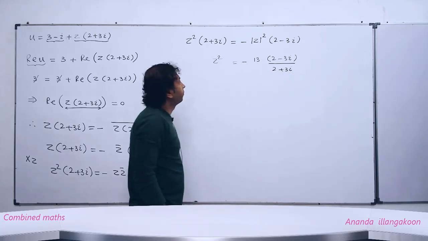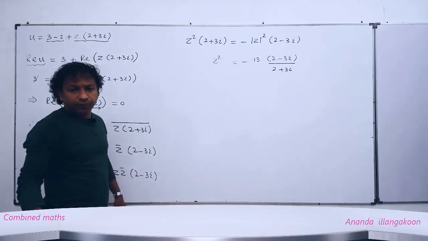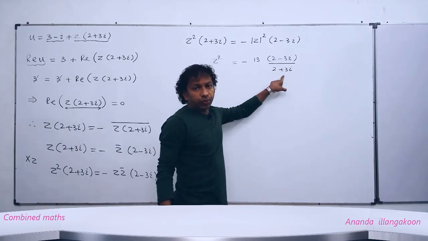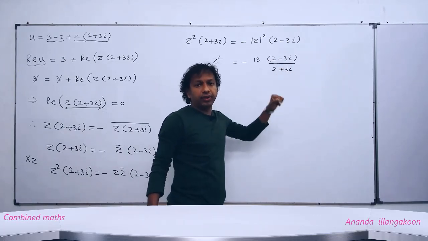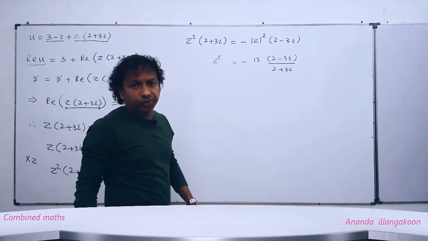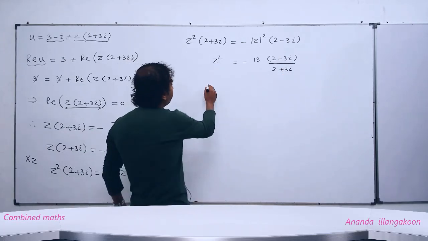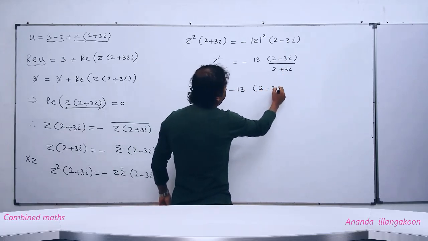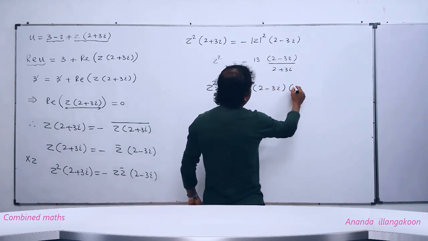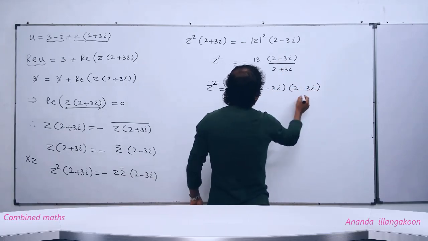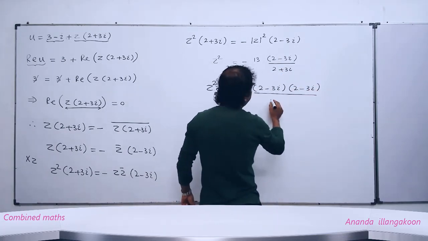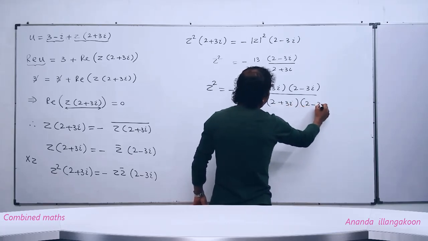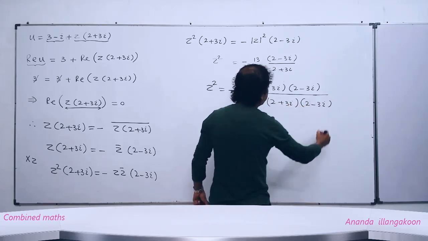Right. Now what we do is, people, we multiply this numerator and denominator by the conjugate of the denominator and keep simplifying, take the root, then we get for Z two answers, these two answers, right? Minus 13 (2 minus 3I) over (2 plus 3I) times (2 minus 3I). This way we get.